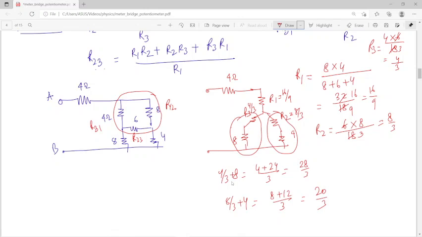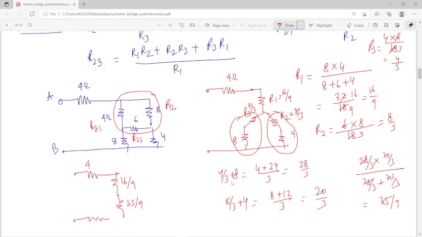And the total combinations are in parallel, and that will give you 35 by 9. So the circuit is as simple as that. This is 16 by 9, and this is 35 by 9. So you can calculate it easily and you will get the answer.